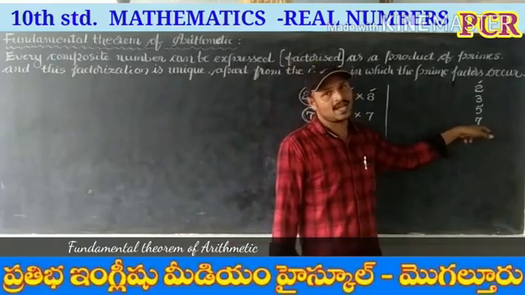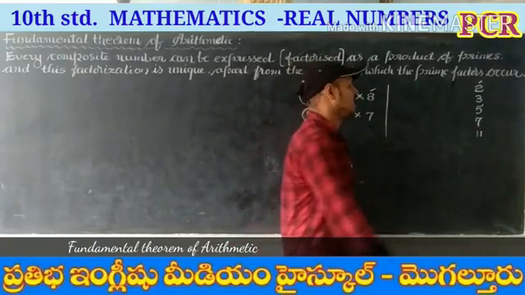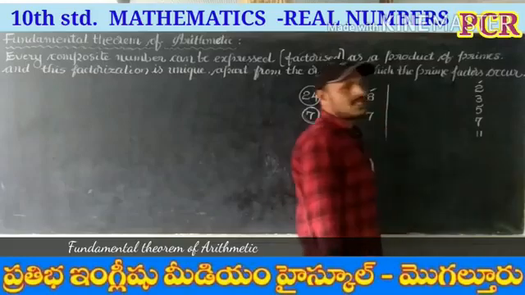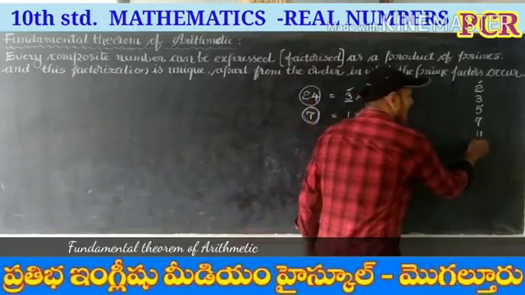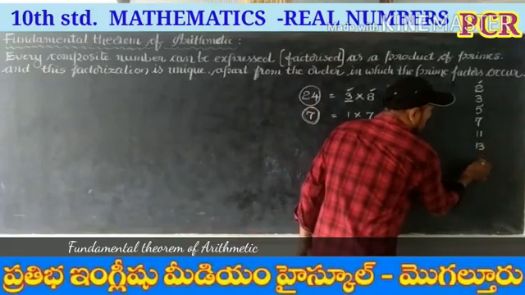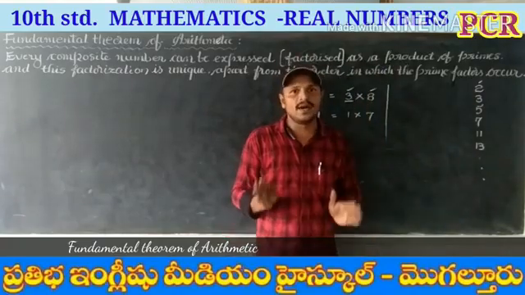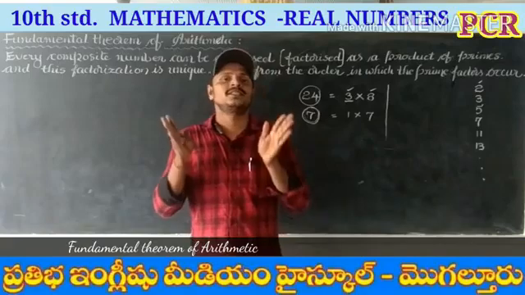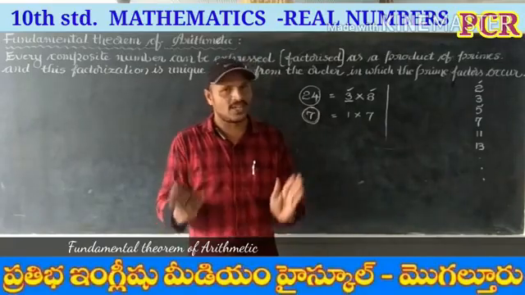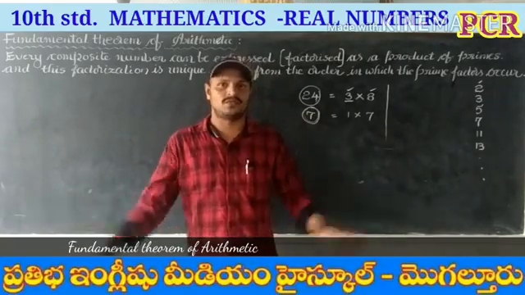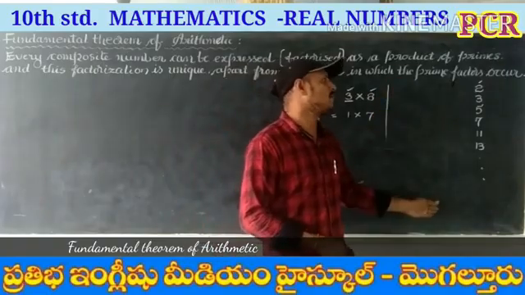Not 9, because 9 has the factor 3, so 9 is not a prime number. Then 13 and so on. These are all prime numbers: the numbers having only the factors 1 and itself.